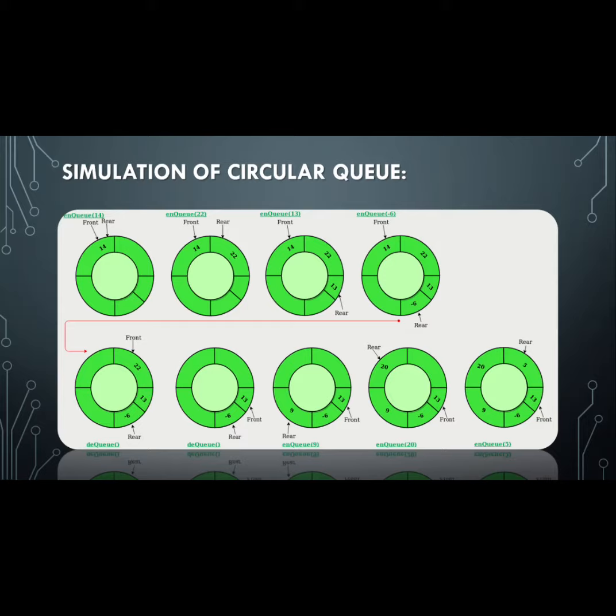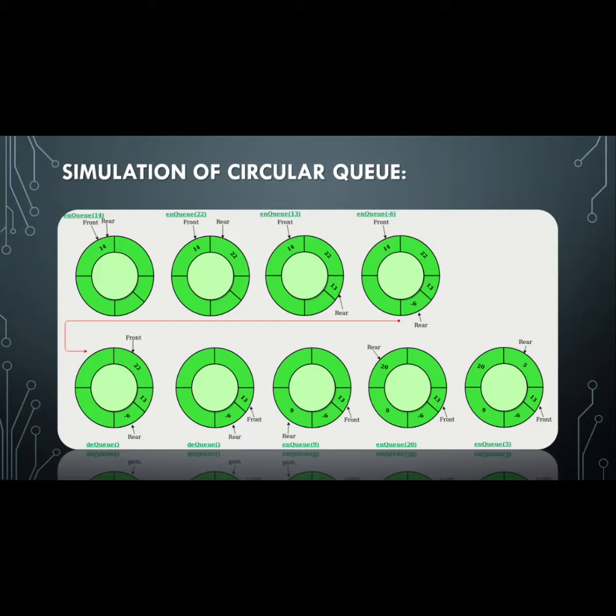Now, when we enqueue an object inside a circular array, first the front and rear pointer is equal to 0. Now we have to keep adding the new objects to the rear, and as we are adding, the rear pointer will keep shifting.